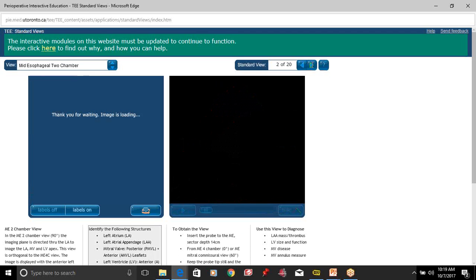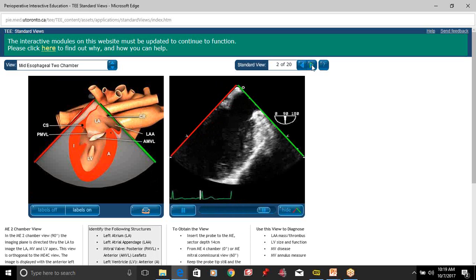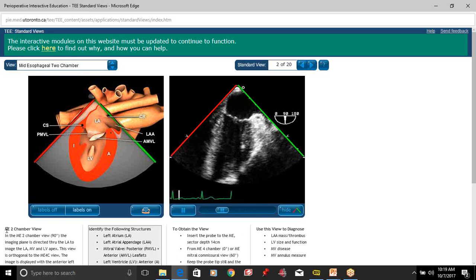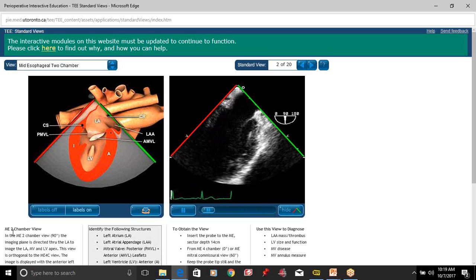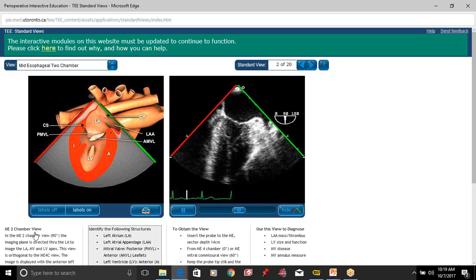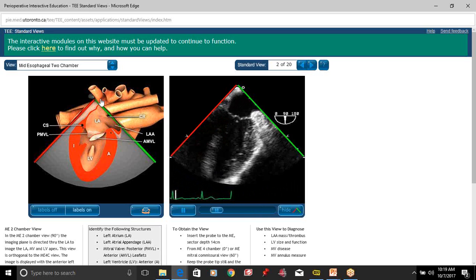For view number 2, still your mid esophageal level, the 2-chamber view. And this is the cut section that you're looking at.